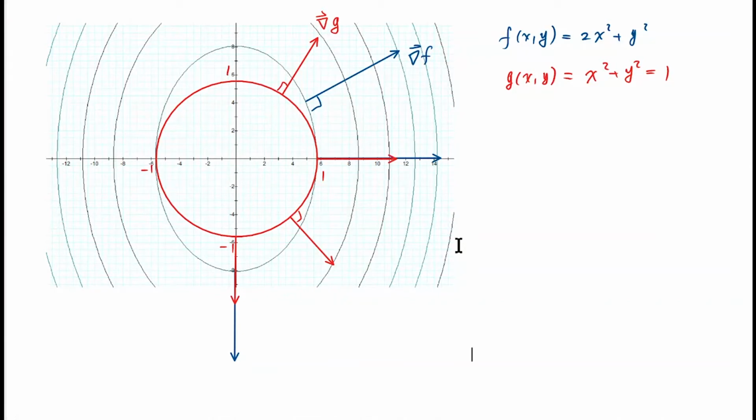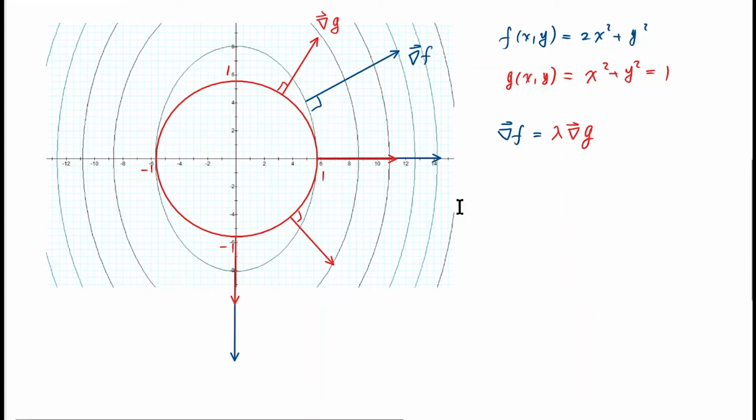So here is the key observation made by Lagrange. Gradient of f is going to equal some scalar times gradient of g at these points. Good.